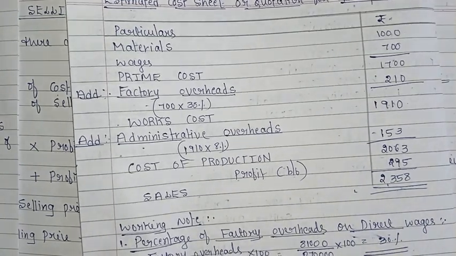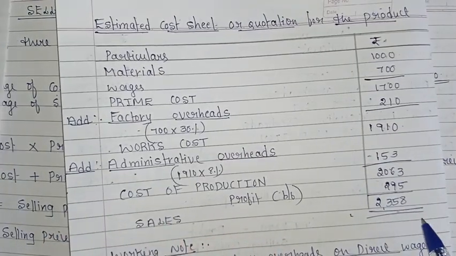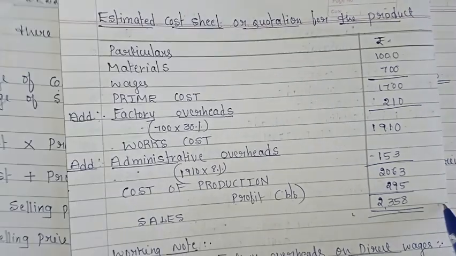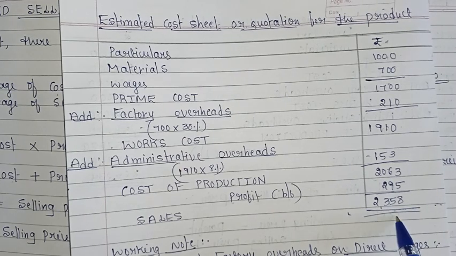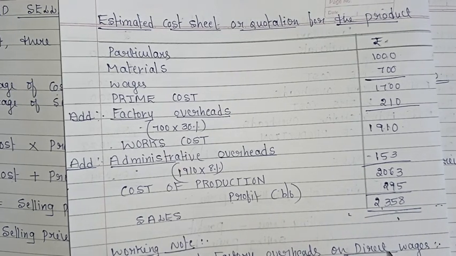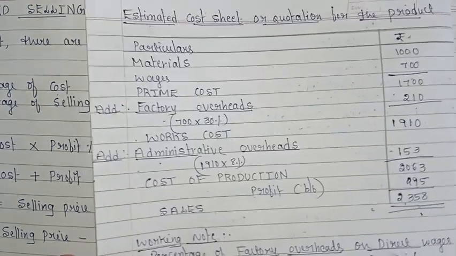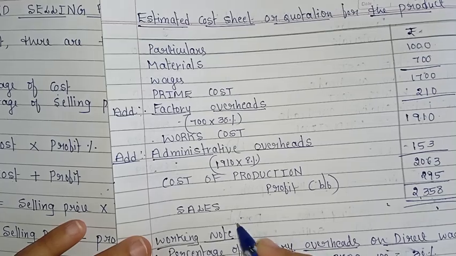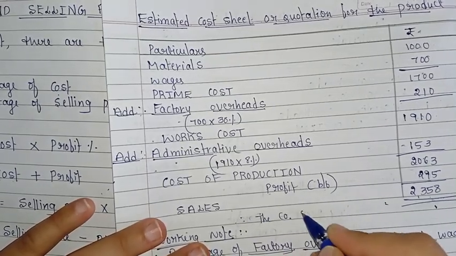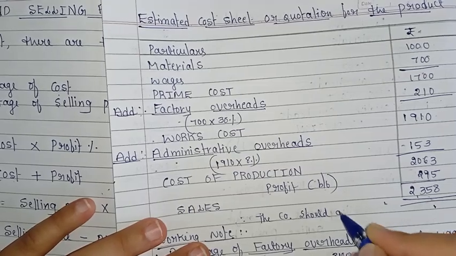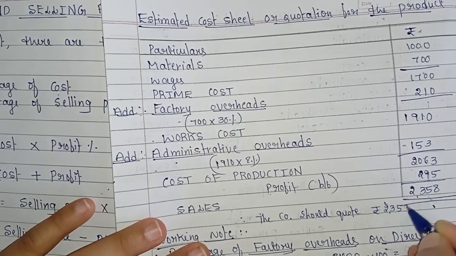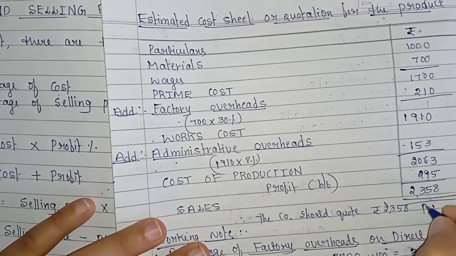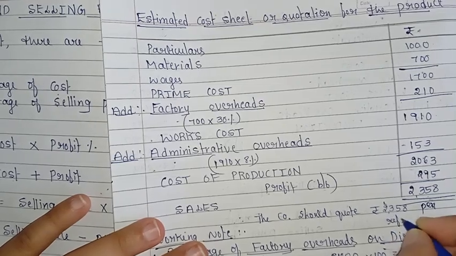Clear? Now here the company should quote rupees 2,358 per refrigerator. So write down here, therefore the company should quote rupees 2,358 per refrigerator.